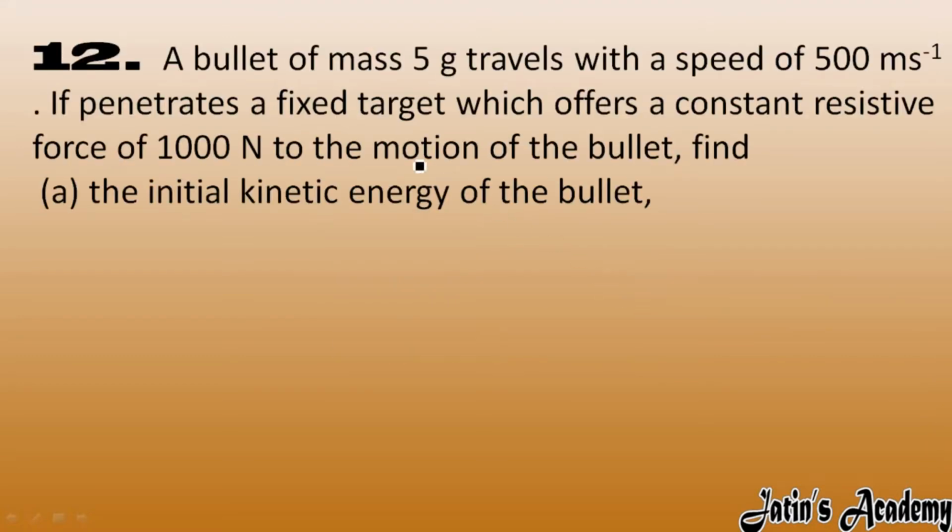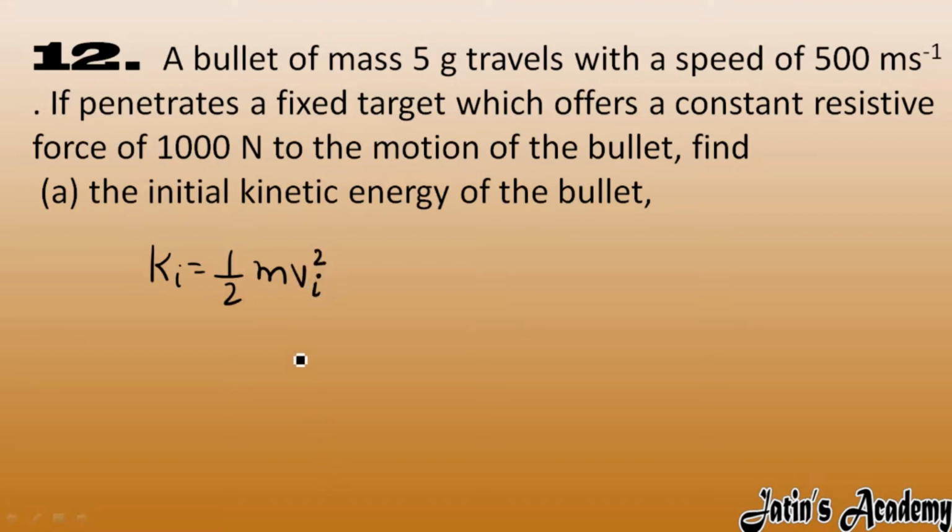So now first we have to calculate the initial kinetic energy. Before entering the block, what is the initial kinetic energy of the bullet? Initial kinetic energy is half m Vi squared, where Vi means initial velocity.